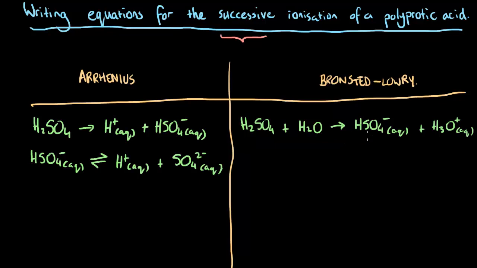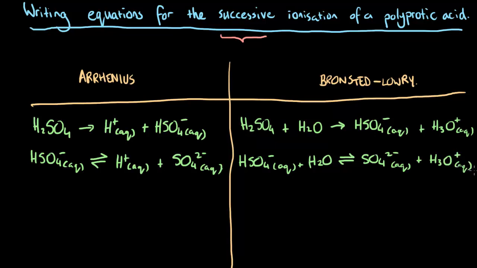And then same as before, the hydrogen sulfate ion is able to also undergo a second step with a new water molecule to form sulfate and a second hydronium ion. So this has shown the successive ionization of sulfuric acid, and we've had to do two steps, one to show each of the ionizable protons that has been lost.